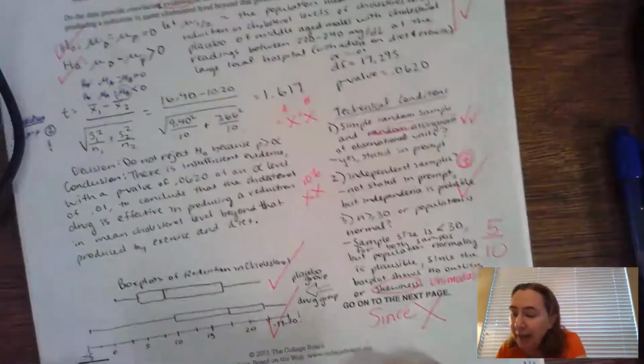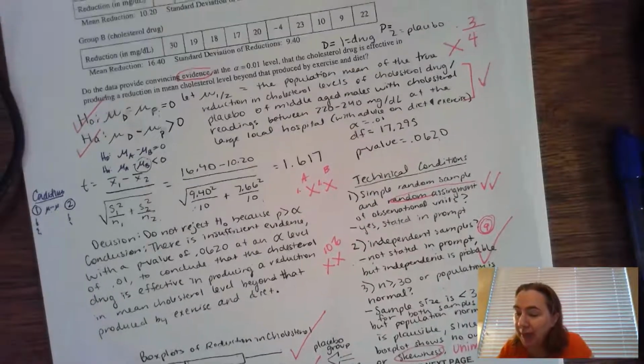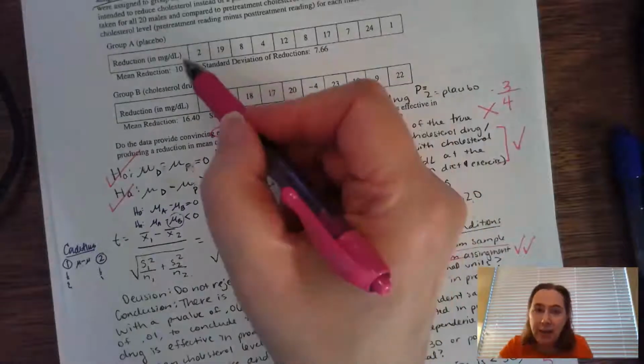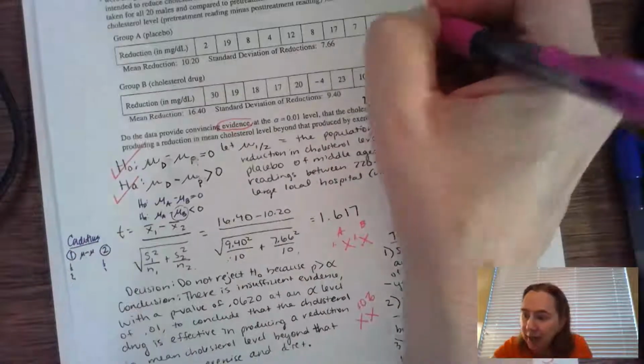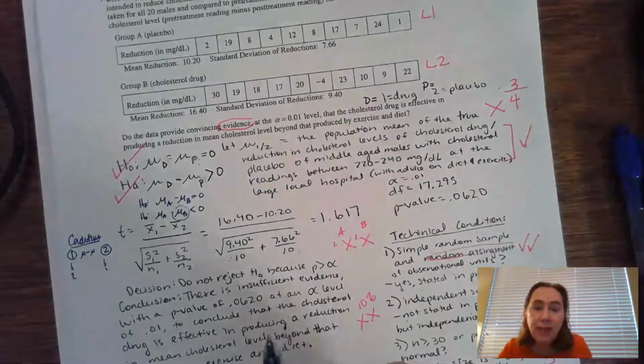Now, moving on to the mechanics. There are only 3 checks that I'm looking for on the mechanics. And the first one is the T statistic. Remember, you're going to run this in your calculator. You're going to do a 2-sample t-test on your calculator, and you're going to type in the data right here into L1, this data right here into L2, and you're going to run the test. You're not going to jump into the pool, okay?